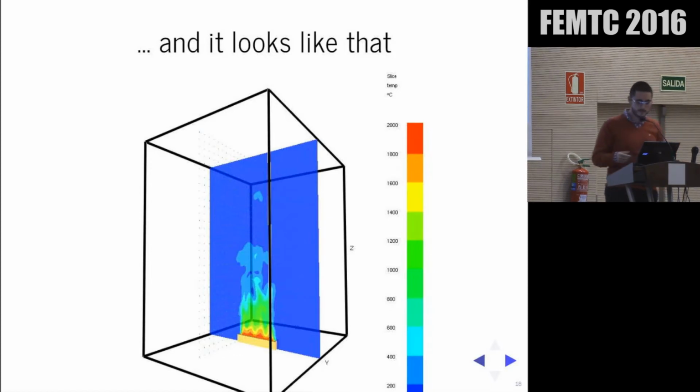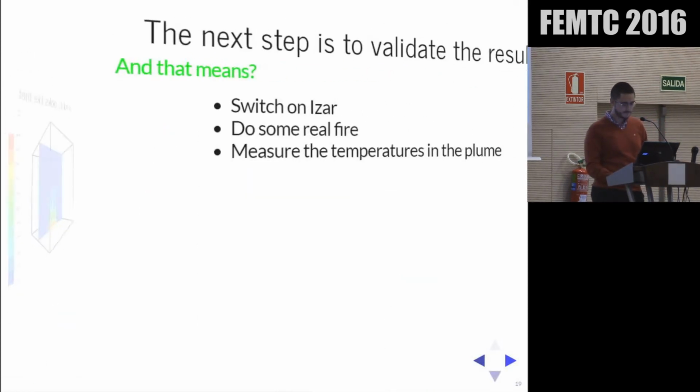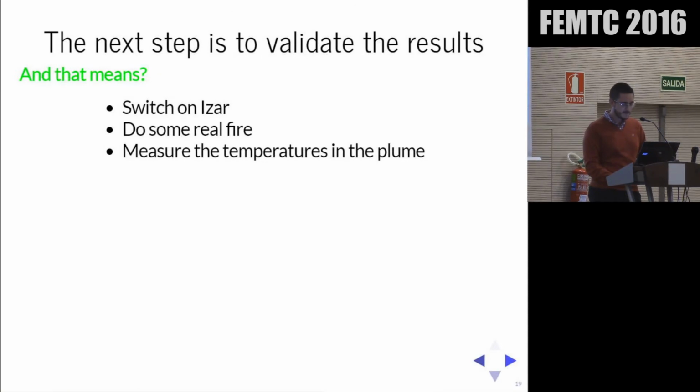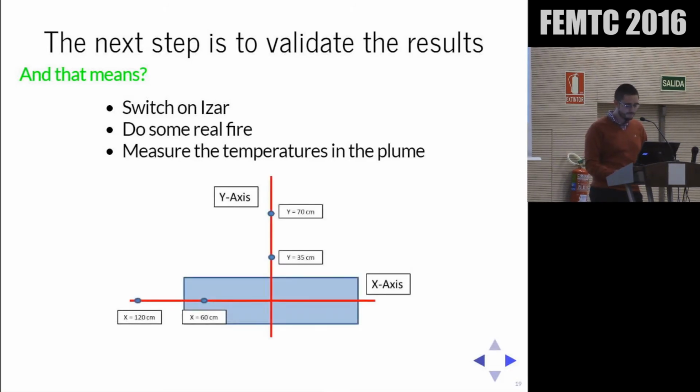Next, the question was, let's see if it works in reality. At some point the machine arrived, and we were able to do some tests: switch on the machine, do some real fire, and measure the temperatures in the plume.